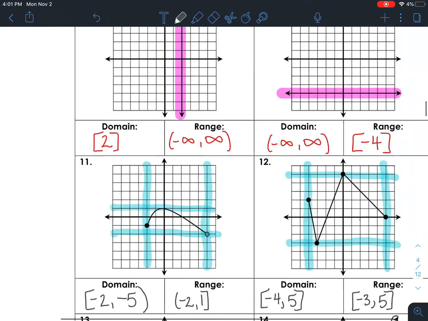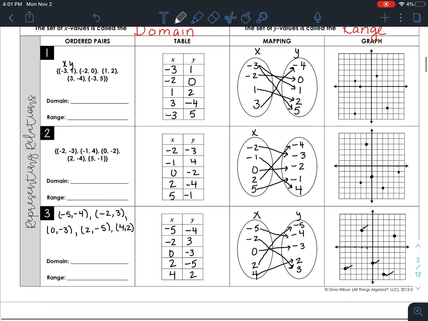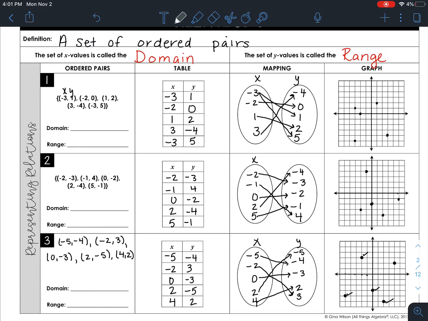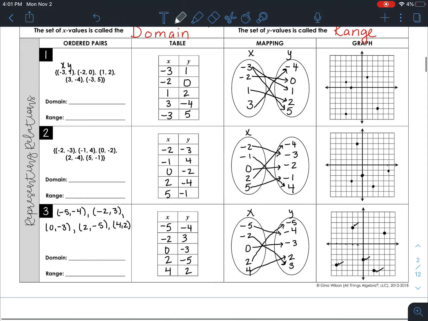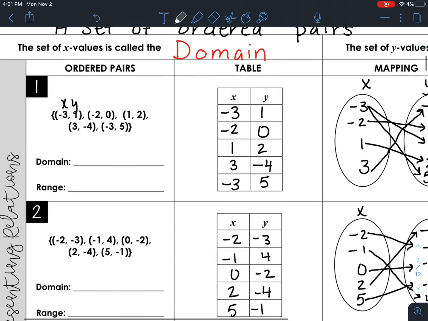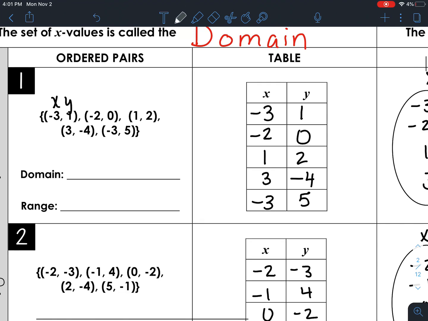All right, let's go back and fill in that very first page that we had talked about, our domain and range. So anytime we have these discrete graphs like this, where you see it's just points, your domain is going to be just the values of your x. When we do that, we're going to put them in curly brackets.